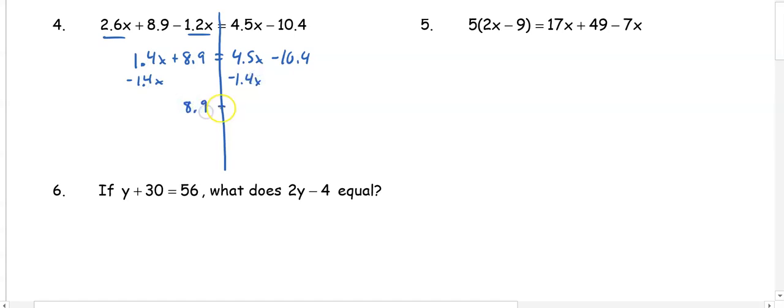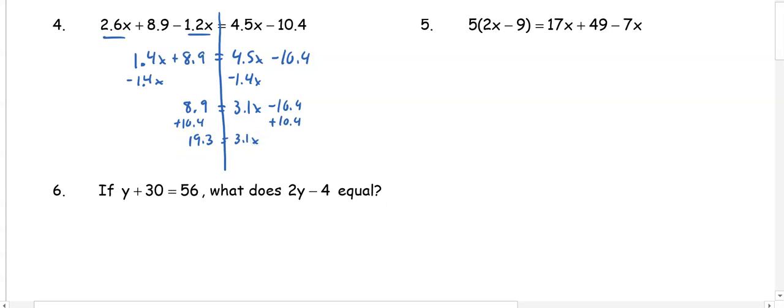So we get 8.9 equals 3.1x minus 10.4. We can add 10.4 to both sides. And we get 19.3 is equal to 3.1x.